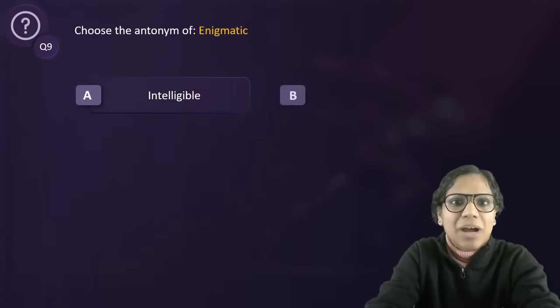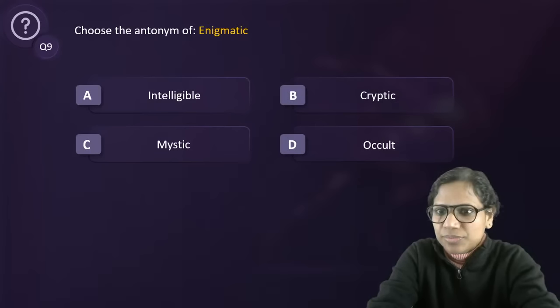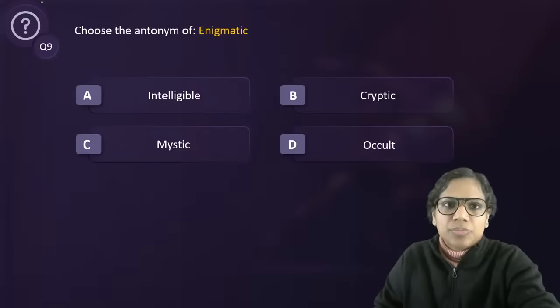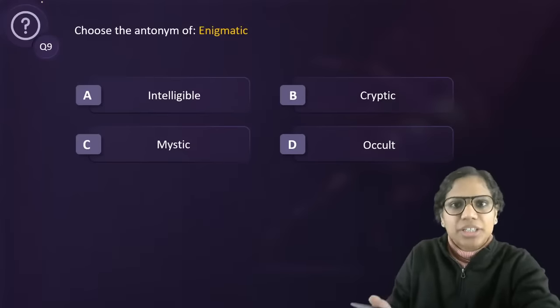Okay then. Enigmatic. Antonym. Enigmatic. A good question, Ritika. Ideally, we should be able to do that, because whenever somebody asks us the synonym of an adjective, ideally it should be an adjective only.